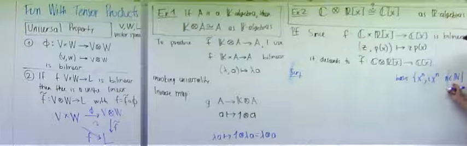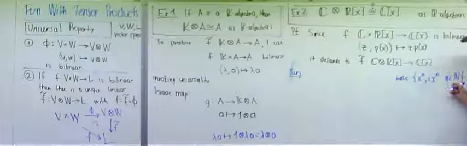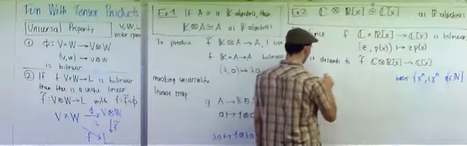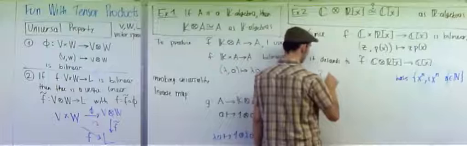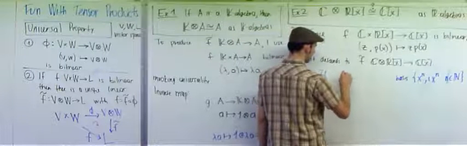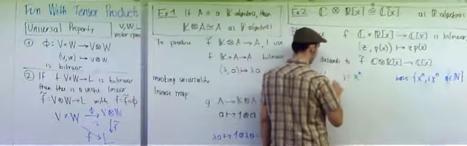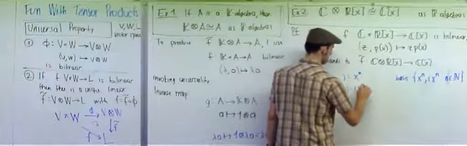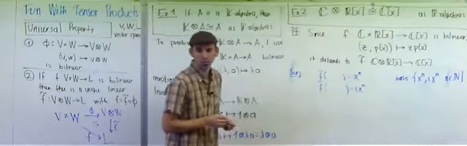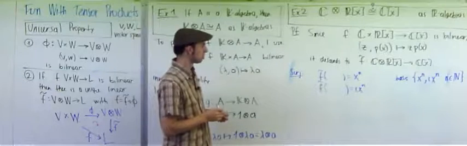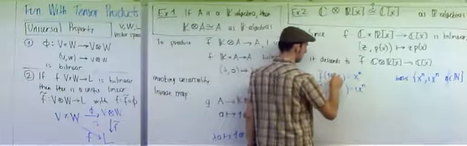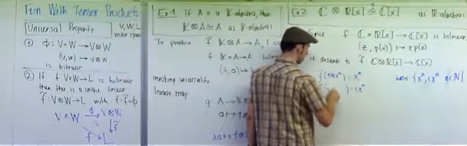And 0 I consider a natural number. Okay? It's important. So f bar of this is x to the n, and f bar of this is ix to the n. Example, f of this and f bar of this.